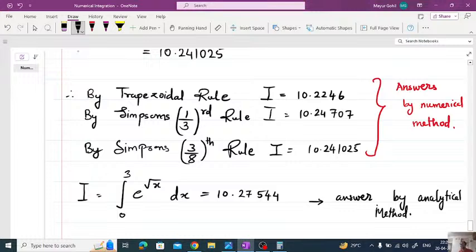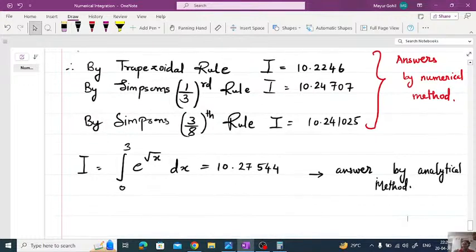Now, can you see that the answers we obtained from the trapezoidal rule, Simpson's one third or 3/8 are very much nearer to the original answer? Do you agree? Now see, e raised to root x is a difficult function.